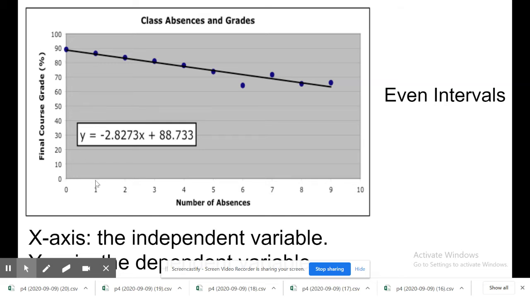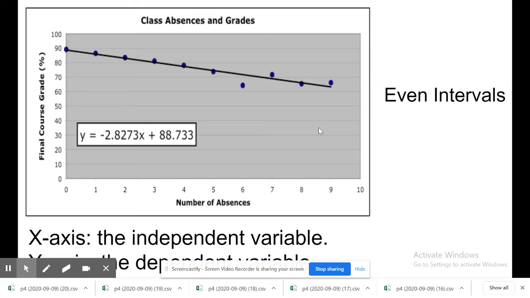So you find 1 and then 86 and put another dot. For students who have two absences, the average score is about 84%, you find another dot. So you keep on finding those dots. For some graphs you may need to fit a line, for some graphs it isn't necessary. Okay, so that's how we draw a graph.